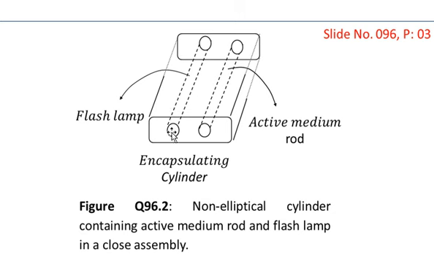So in the non-elliptical shape, it is also required that the inner surface should not be specularly reflecting, because if it is specularly reflecting, it will not be focusing the light from the flash lamp onto the active medium. So it must be a diffusely reflecting surface. That is, the inner surface of this non-elliptical geometry should be diffusely reflecting, so that the active medium can equally receive light from all directions.